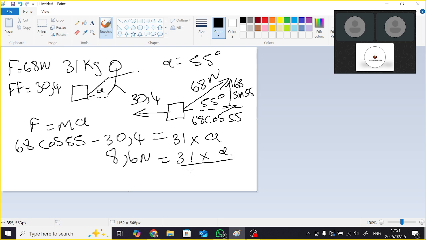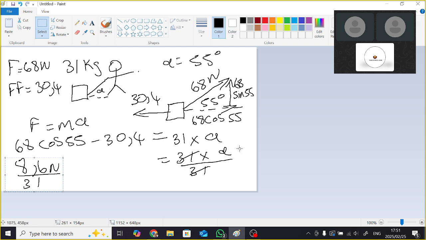So all we have to do now is divide both sides by 31, right? These two cancel. Let me just move this a little bit to the side over here. I'm going to move this one over here as well.